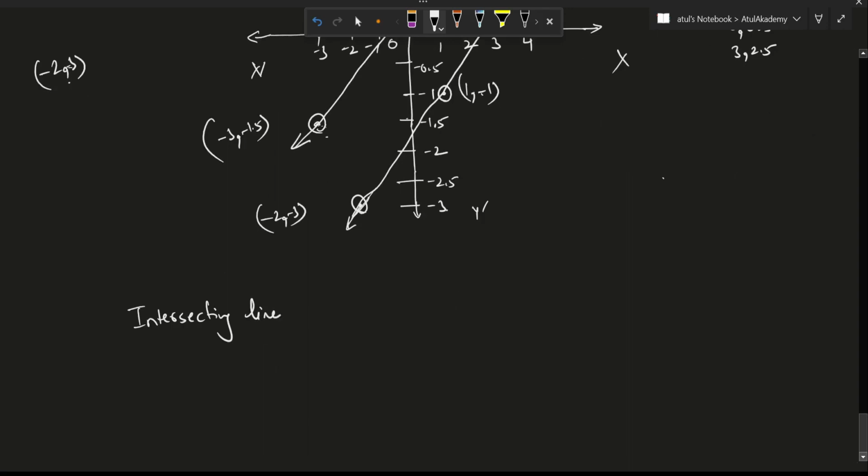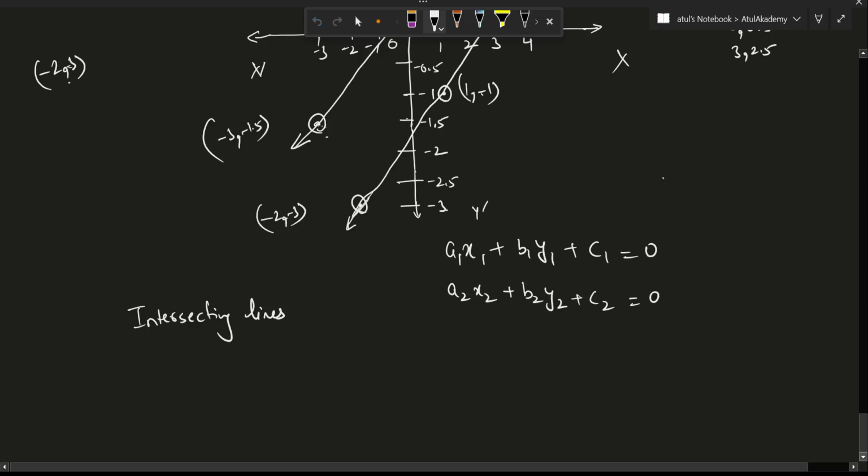Let's just brush up. For intersecting lines, the standard form of a line is a1x plus b1y plus c1 equals 0, and a2x plus b2y plus c2 equals 0. By seeing the lines and finding the ratio, you can tell whether they are intersecting or not. So a1 by a2 is not equal to b1 by b2.